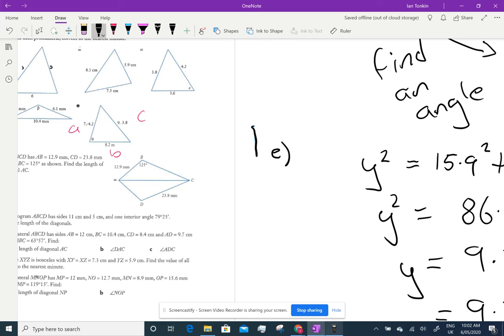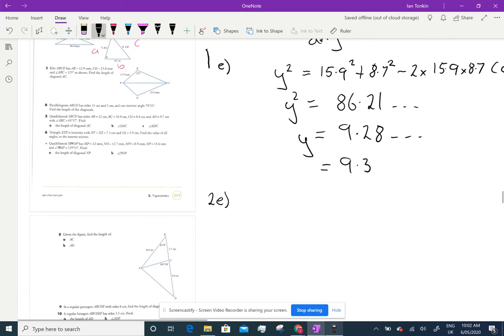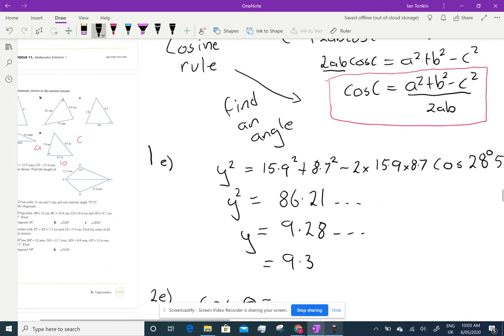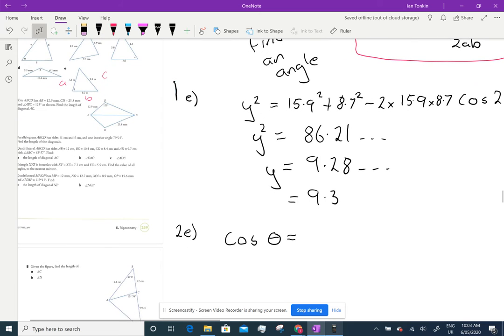So what have I got? Cos theta equals a squared plus b squared minus c squared over 2ab.